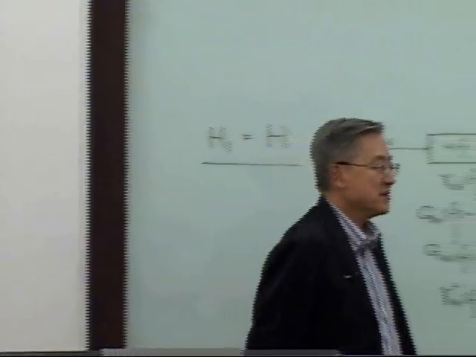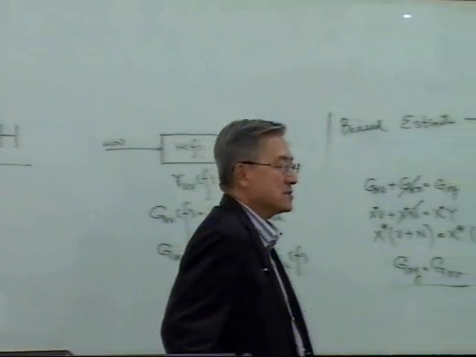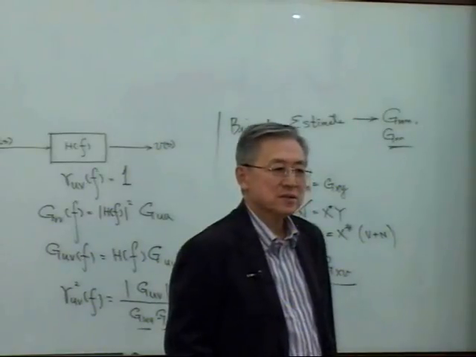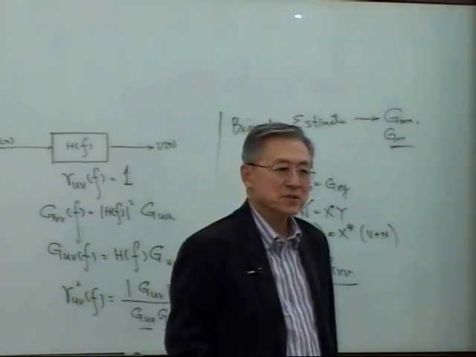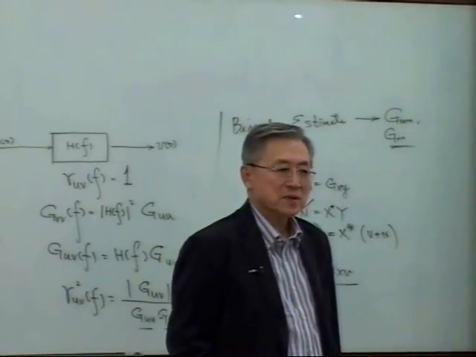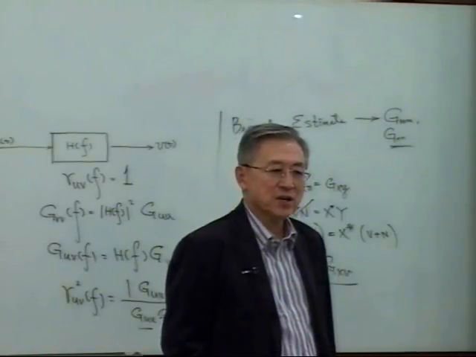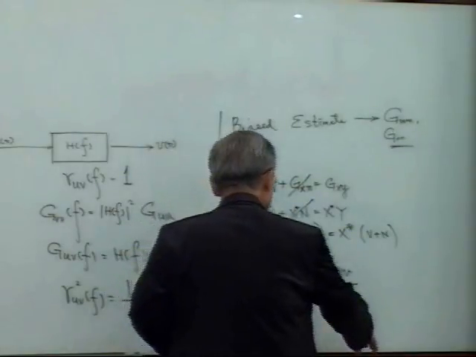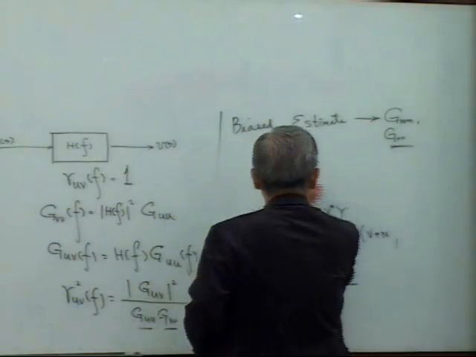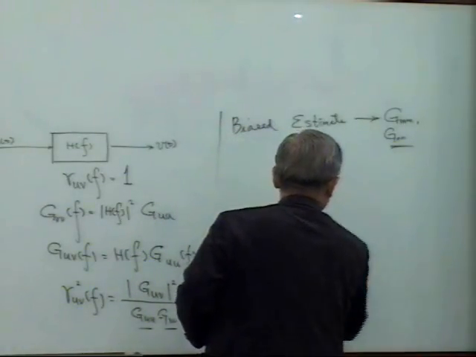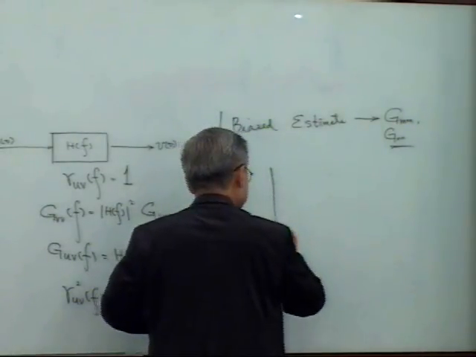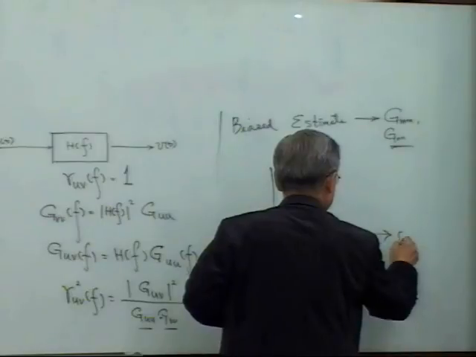Then I can ask, GNN, is it computable? Is it measurable? Can you find GNN? GNN is the noise contamination level.